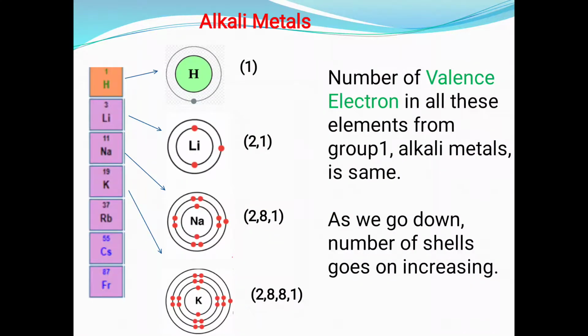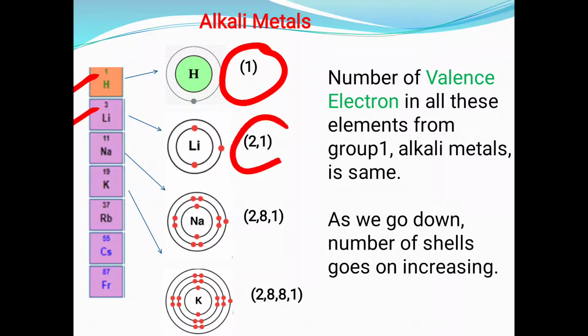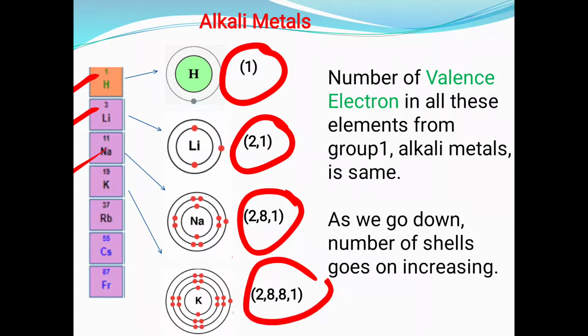So let's consider first the group number 1, that is alkali metals. Observe the elements placed. In group number 1, the first element is hydrogen, whose atomic number is 1, and its electronic configuration is 1. Lithium has atomic number 3, so its electronic configuration is 2 1. Then sodium, electronic configuration 2 8 1. Potassium, electronic configuration 2 8 8 1.